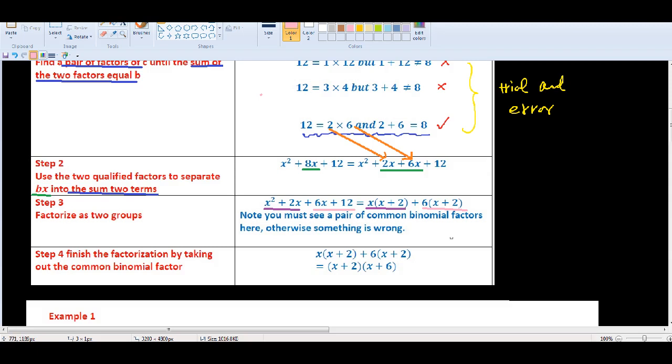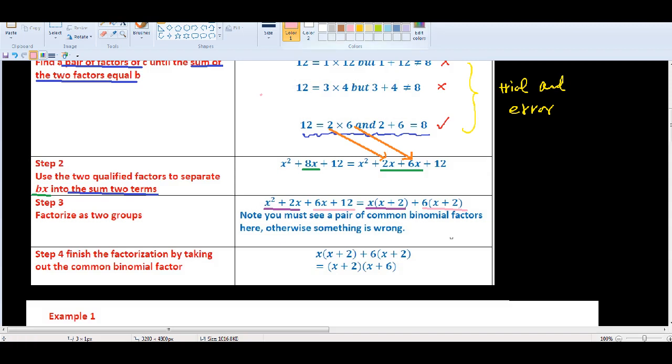Still remember in the last video, if you got four terms, you got two groups, and for each group, after you take out the common factor, you will see two binomials, and those two binomials in the bracket must be the same, otherwise something is wrong.